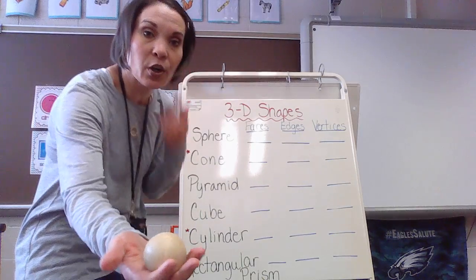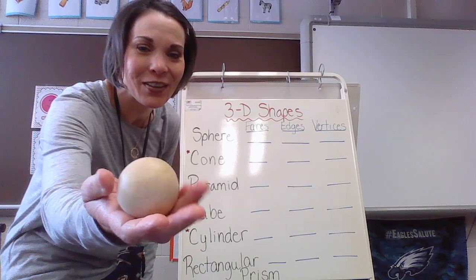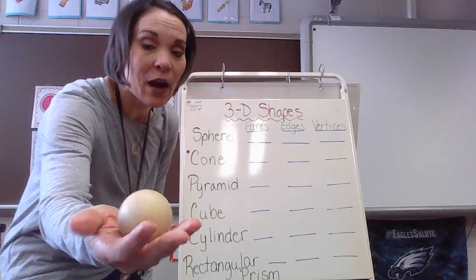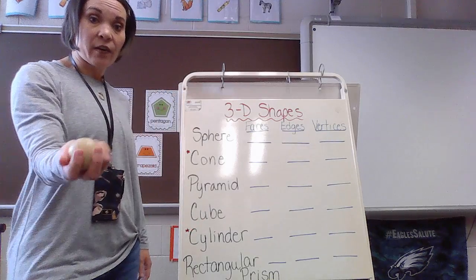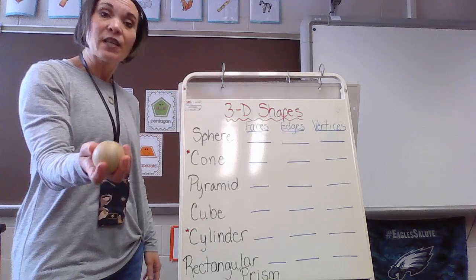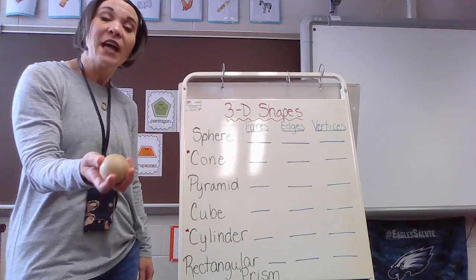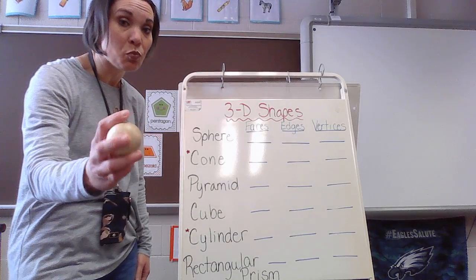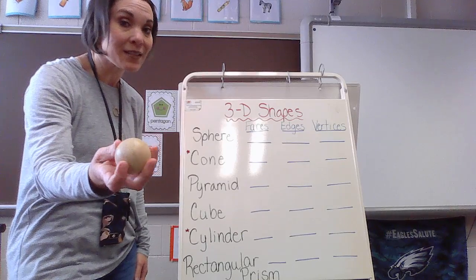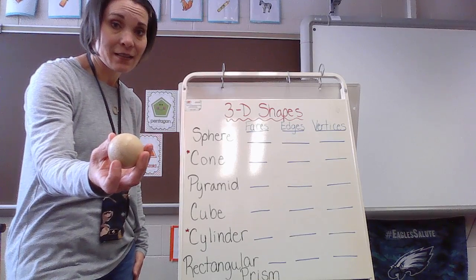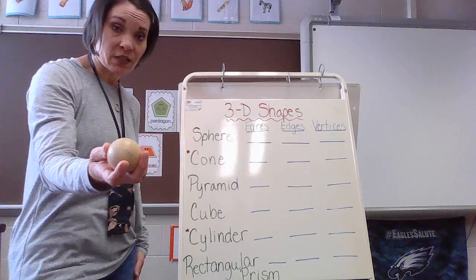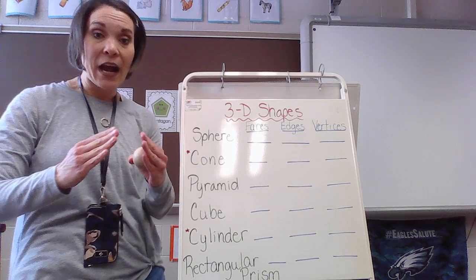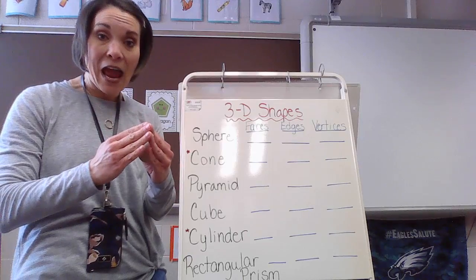So here's a sphere. You're probably very used to looking at spheres. You use them a lot in gym class. Even though this sphere is very smooth to the touch, that doesn't mean it's a face. Remember, faces have to be flat. So if this does not have any flat parts, there are no faces. If there are no faces, the faces cannot come together to develop an edge.